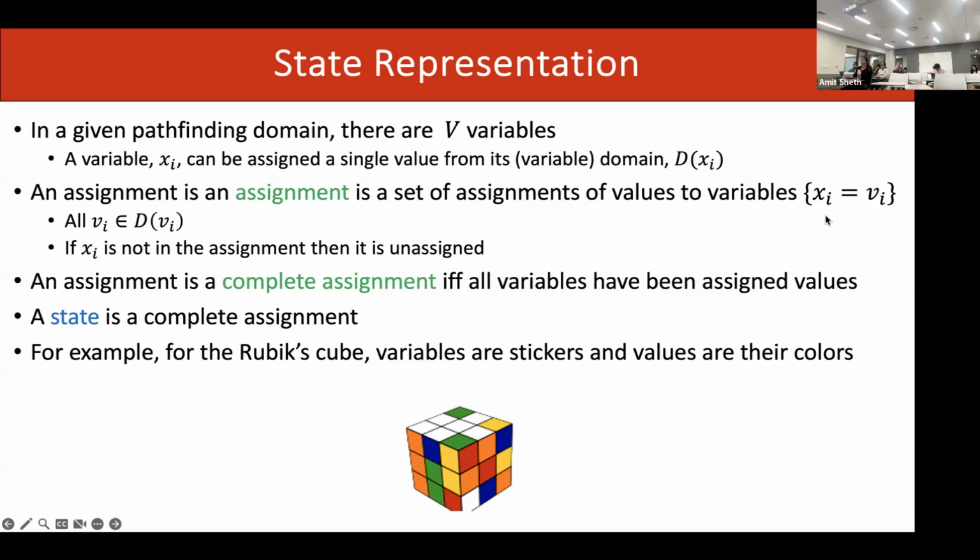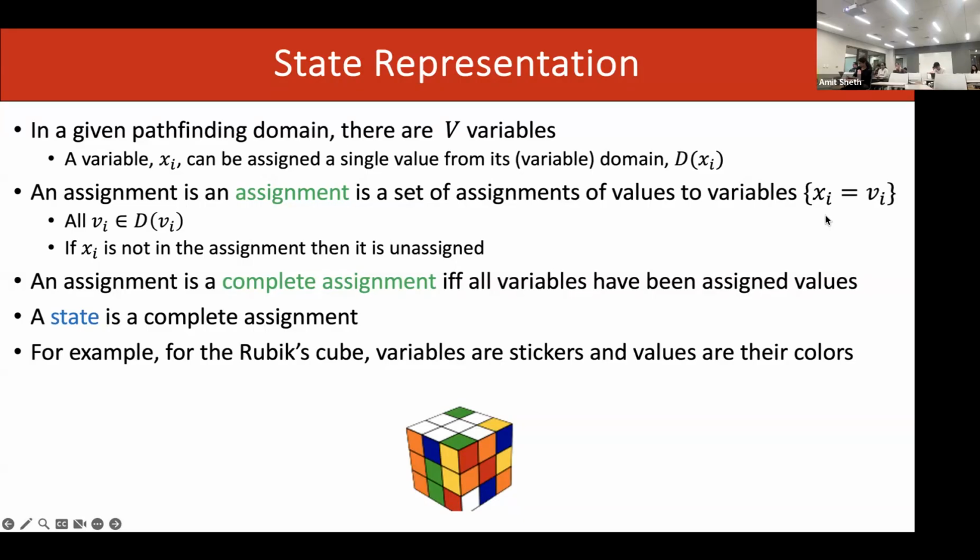And when we specify a state, we're just going to specify the locations of the stickers. This is like we did before. But say, for example, there are some locations of the stickers where we don't care about where they are. Well, we can then just not assign these locations a particular color of sticker. And therefore, some of these can be unassigned.